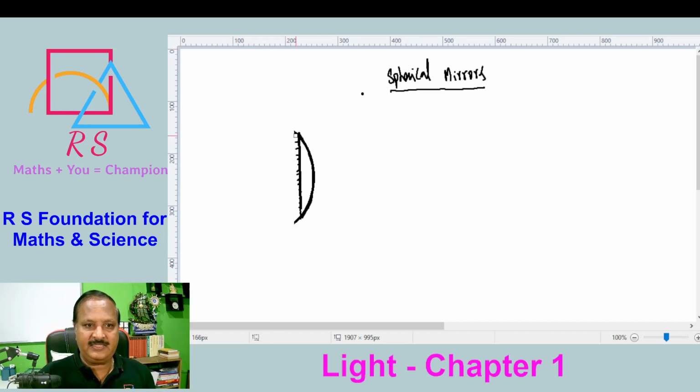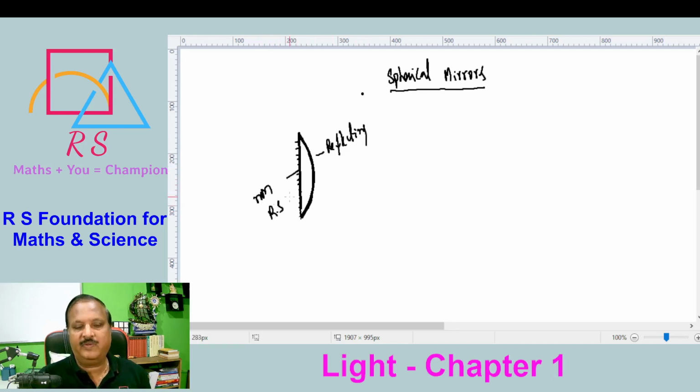This piece is known as, and इधर हम silver color डाल दिया है. So then this will be the reflecting surface, and this will be the non-reflecting surface. Okay, RS. RS means reflecting surface. So this we call a convex mirror.